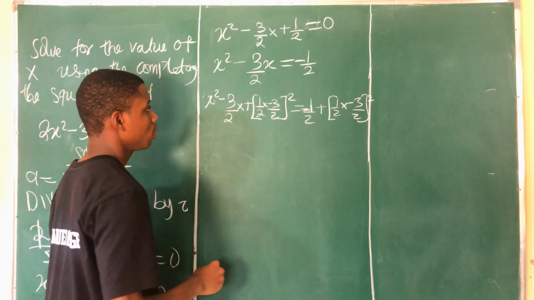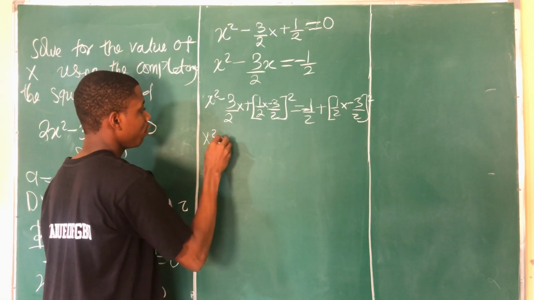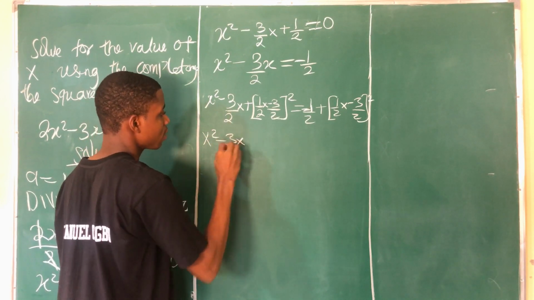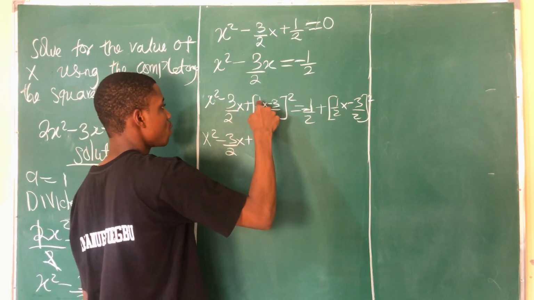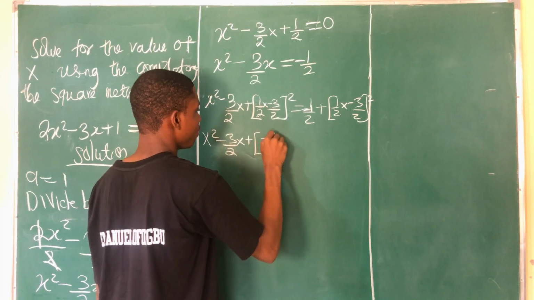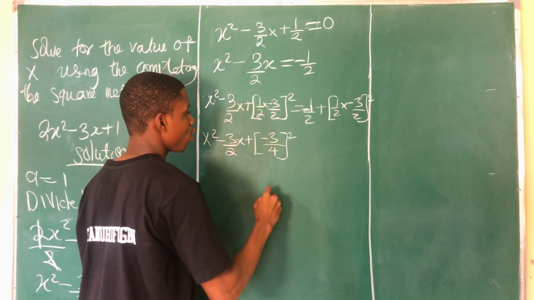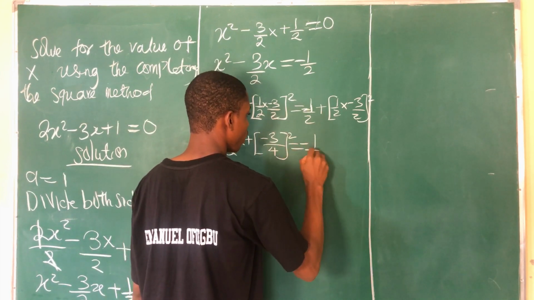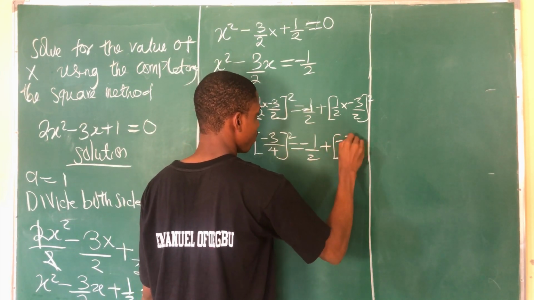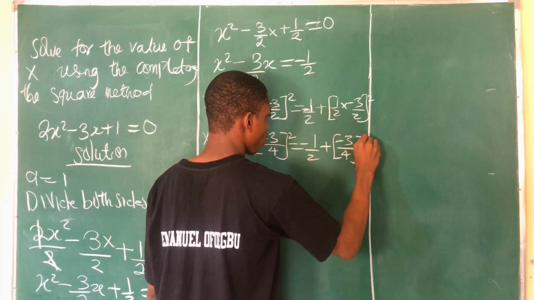Of course, let's work on this. We have (3/2)x plus, this multiplied by this, you have −3, and 2 multiplied by 2, you have 4. So this becomes −1/2 plus (−3/4)².